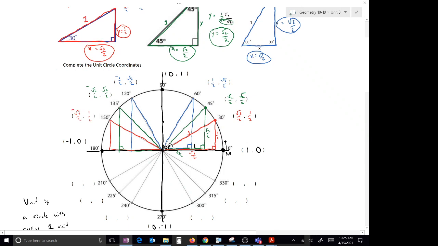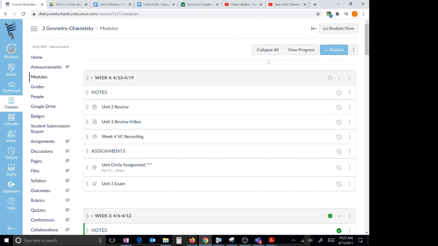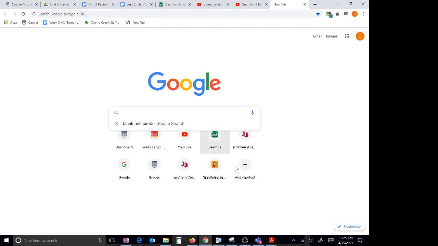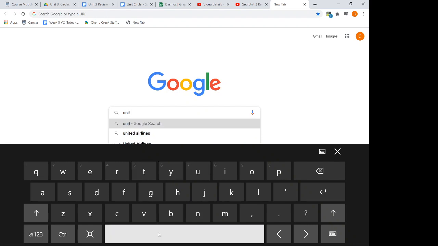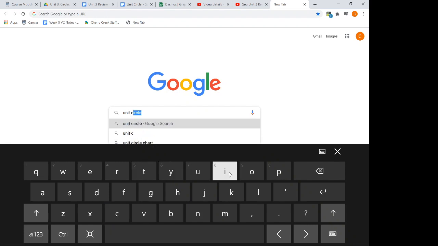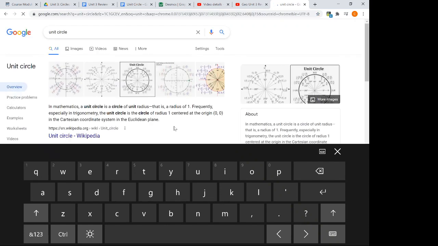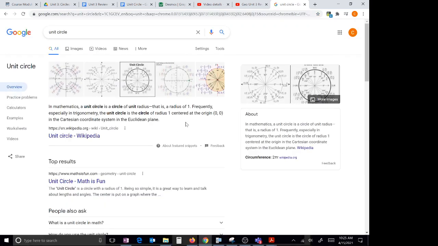Okay. You could do the same thing for the bottom half of the circle. I am personally okay with you guys also just doing a Google search of the unit circle, and you should find plenty of pictures that are going to show us.